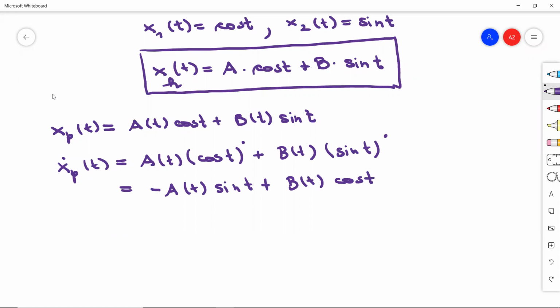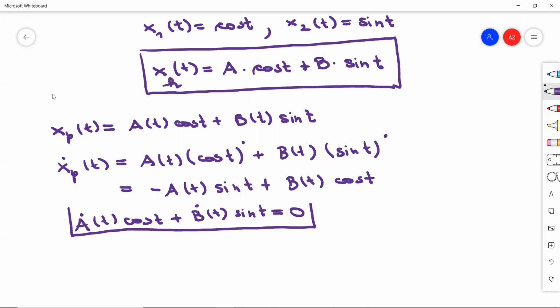And this is true under the condition that a prime of t cosine t plus b prime of t sine t is equal to 0. This was the condition we added.